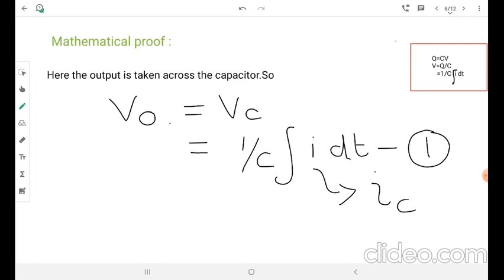We know that the current through the capacitor is the same as the current through this resistor. By Ohm's law, what is the current through the resistor?